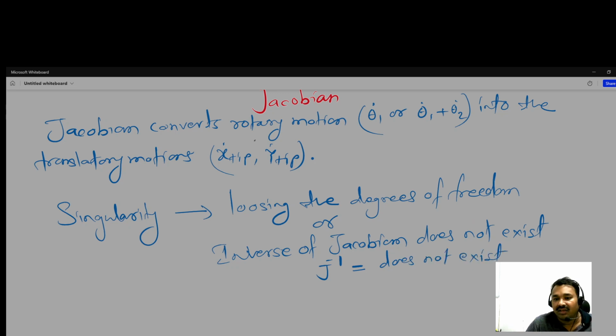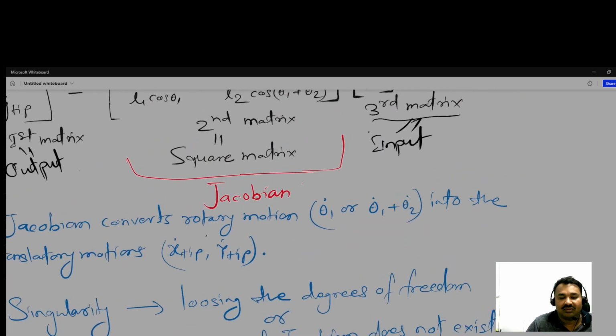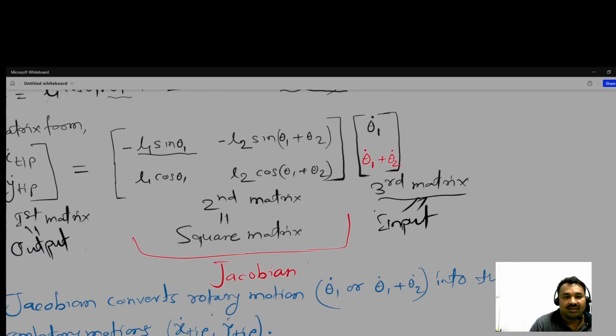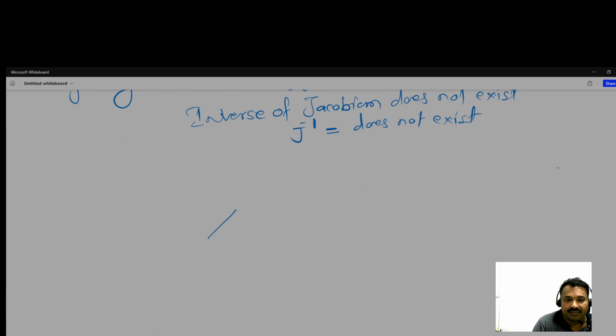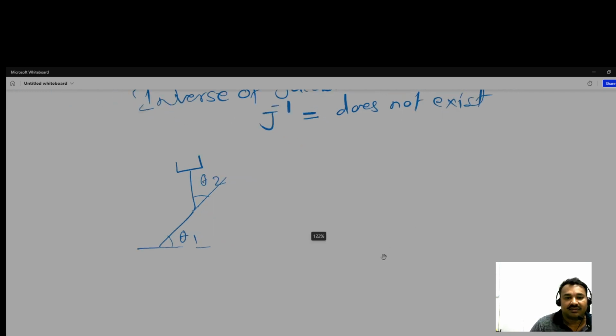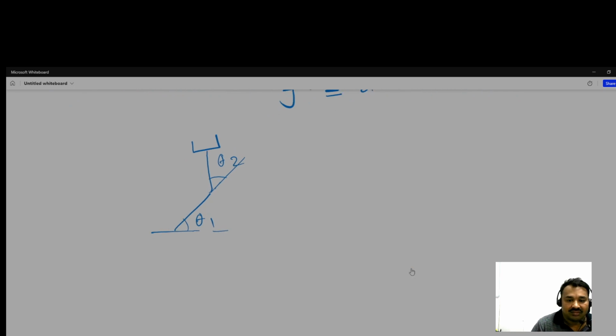Okay, so this situation occurs when, suppose we have this, and this is theta 1, and this is theta 2, and this is the end effector. So this is our L1, this is our L2.